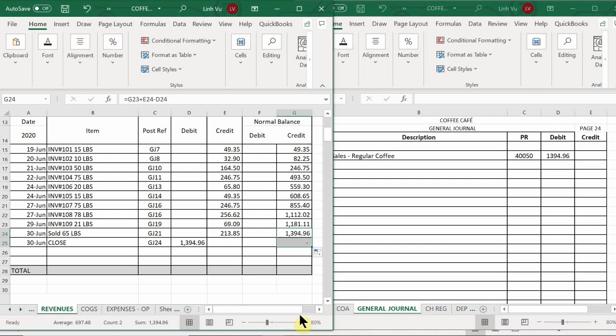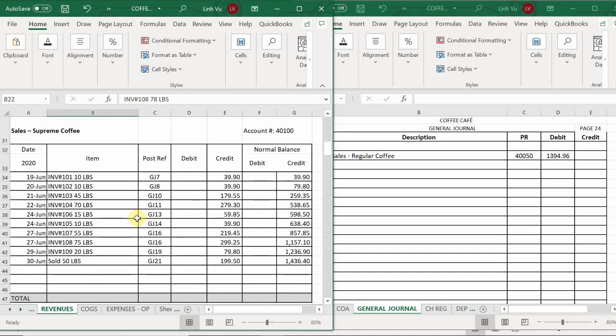So that's what we're going to be doing. We're going to do that for all of our revenues, all of our cost of goods sold, and all of our expenses, and we're going to have a nice clean slate. We're going to zero out all of the accounts, and at the end, we're going to see something really cool. So let's work on each account one at a time.